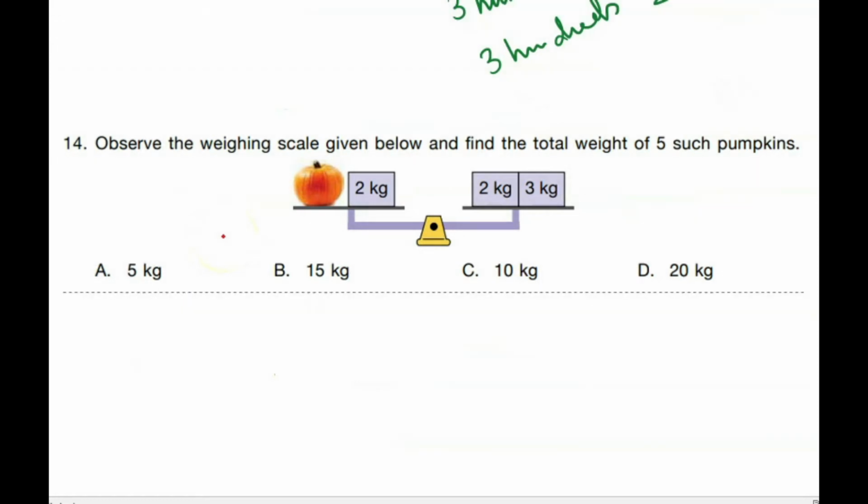Observe the weighing scale given below and find the total weight of five such pumpkins. Okay, kids?